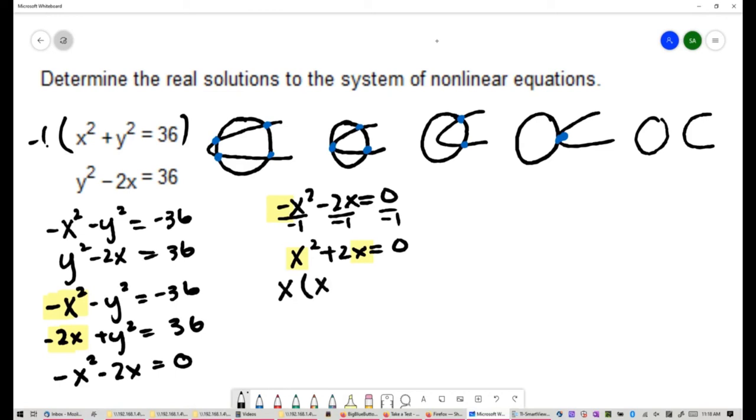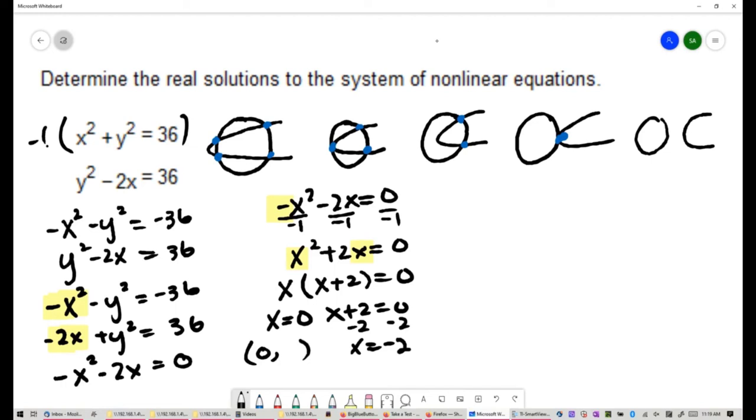That would leave me with x times x plus 2 equals 0. And then I can set each factor equal to 0. And I have x equals 0, and over here subtract 2, that's x equals -2. So it looks like I have an ordered pair solution with x being 0 and an ordered pair solution with x being -2. So now I need to find those y's.